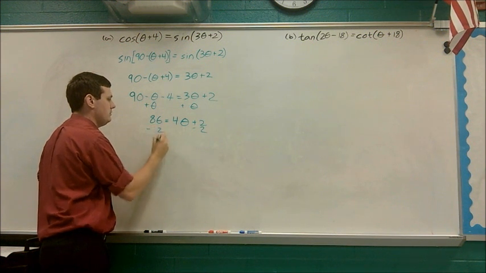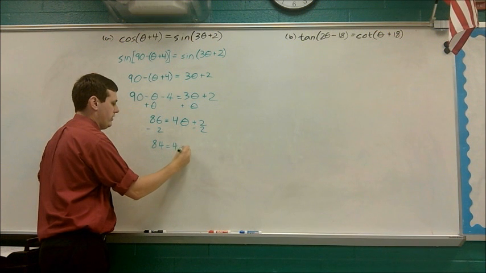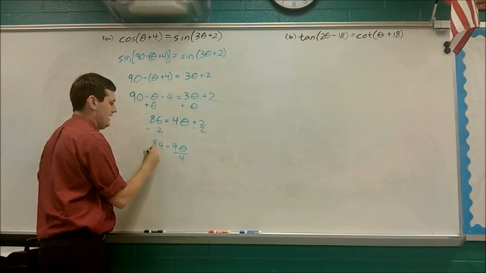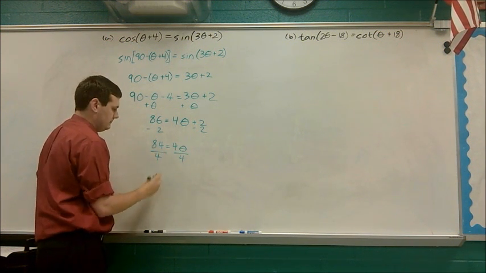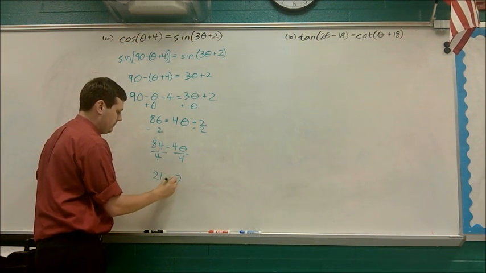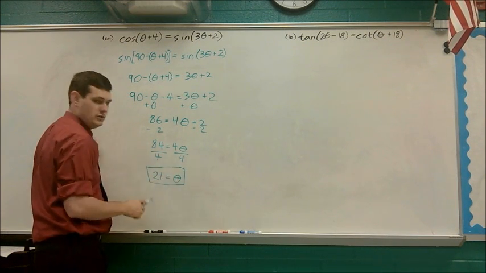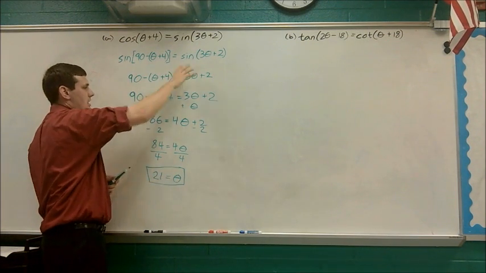Take away the 2. So now we're at 84 equals 4 theta. Divide by 4. 84 divided by 4 is 21, so theta equals 21. Once we get past this initial part right here, everything else is just algebra.